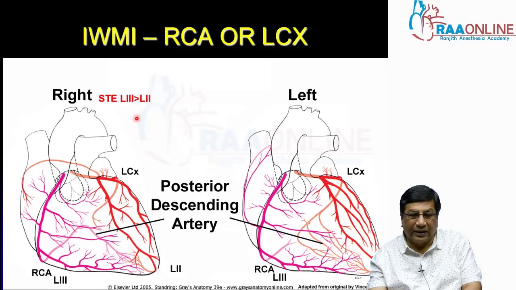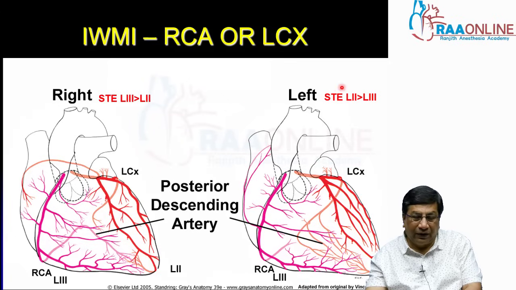Whenever there is ST segment elevation in inferior leads, you must carefully see whether ST elevation is more in L3 than L2; then it is likely to be a right coronary obstruction. In right coronary occlusion, if the inferior wall infarction is due to the right coronary, your ST elevation in inferior leads will show more elevation in L3 than in L2.